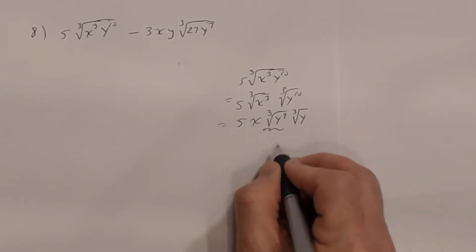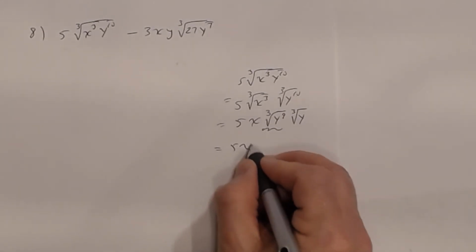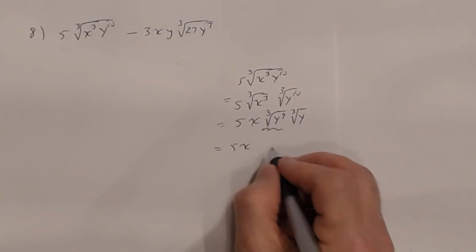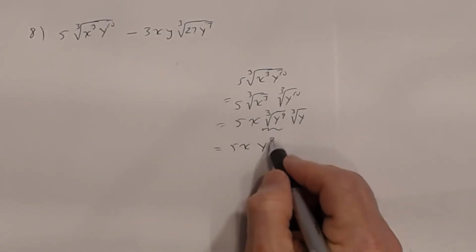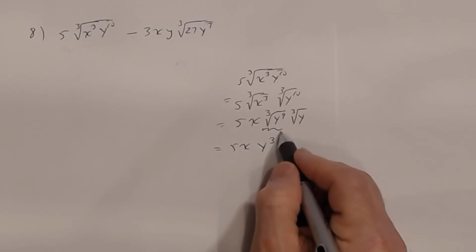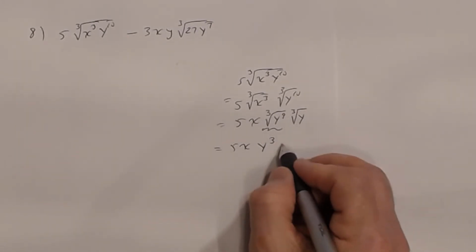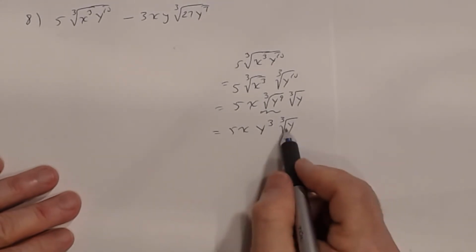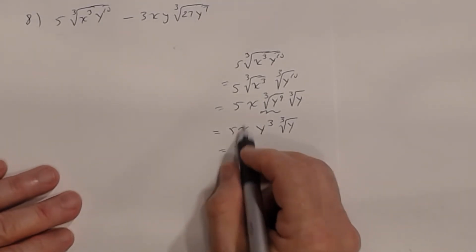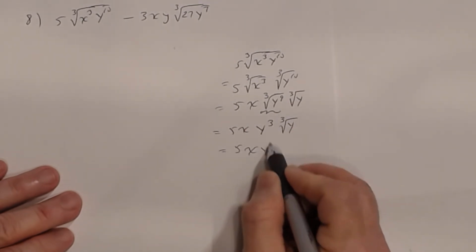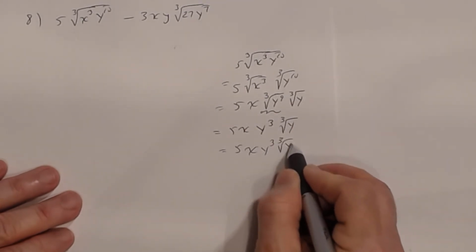I can simplify this. Go ahead and do that now. So I get 5x. The cube root of y to the 9th, 9 divided by 3 is 3. That's just y cubed. Y cubed times y cubed times y cubed is y to the 9th. And then times the cube root of y. And so there's nothing else I can do. So I can rewrite this as 5x y cubed cube root of y.